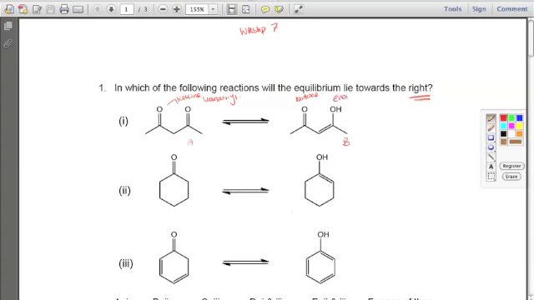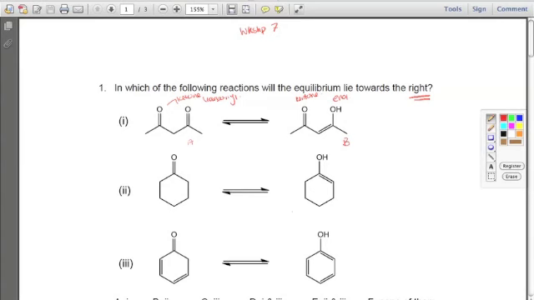Now basically what we've been saying is that the ketone form is always going to be the most stable, but there is an exception, and this is the exception, because if you see here, if you put this in the enol form, you're going to be making a conjugated system.